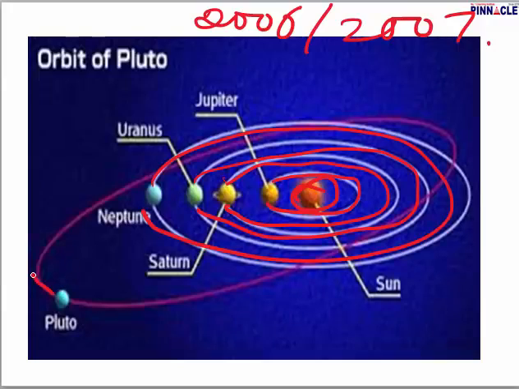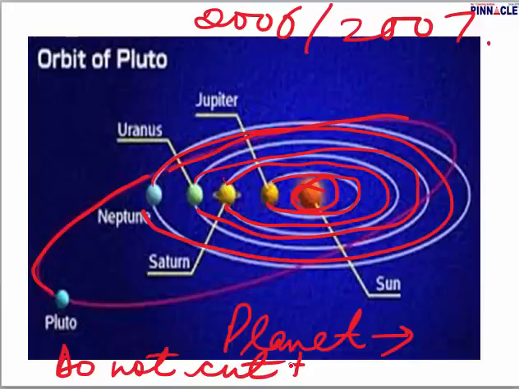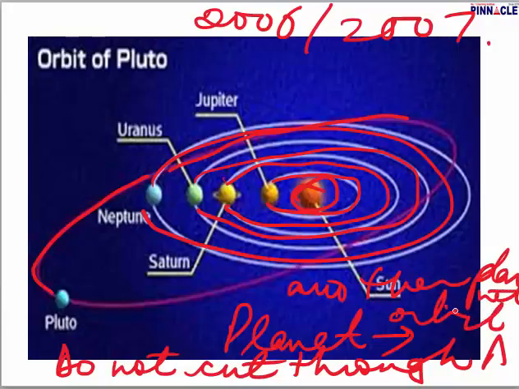But in case of Pluto, till here it has its independent orbit, then it cuts through the orbit of Neptune. So to be considered a planet, it is very important that one does not cut through another planet's orbit. Extremely important. And Pluto was not doing this. So that is also one reason why Pluto was de-recognized.